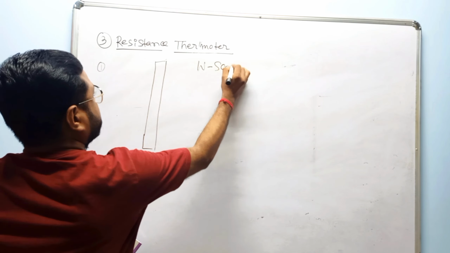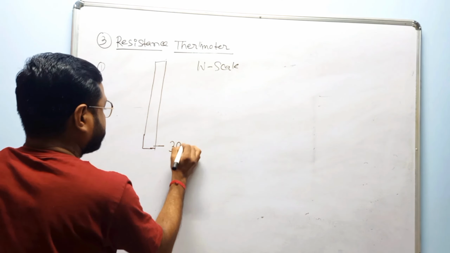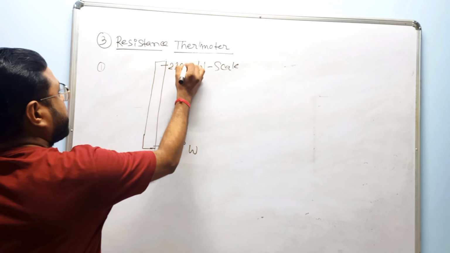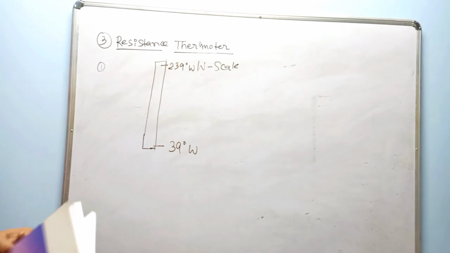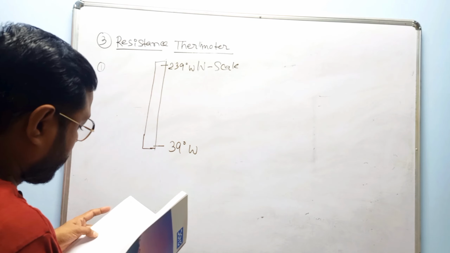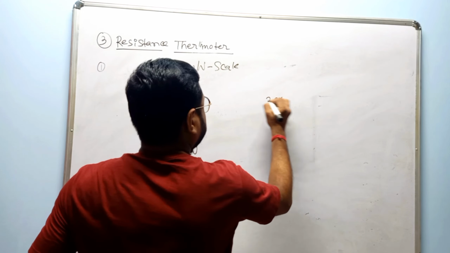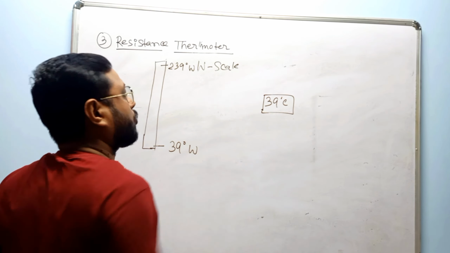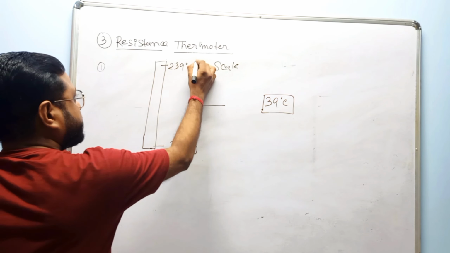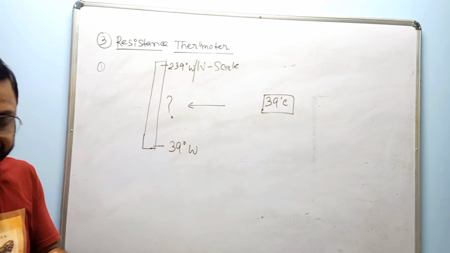Its lower fixed point is 39 degree W and the upper fixed point is 239 degree W. Suppose the temperature in centigrade scale is known, 39 degree centigrade. Then what is the value of this temperature in the new scale, the W scale? How can you solve this?